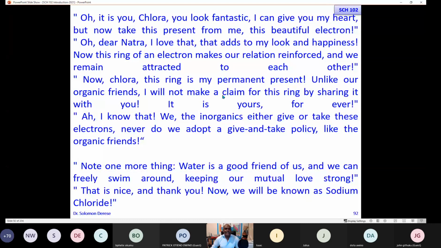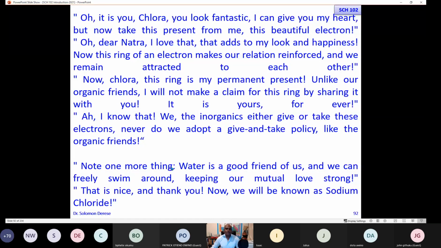I will not make a claim for this ring by sharing it with you. It is yours forever. Ah, I know that. We, the inorganics, either give or take these electrons. Never do we adopt a give and take policy like the organic friends.